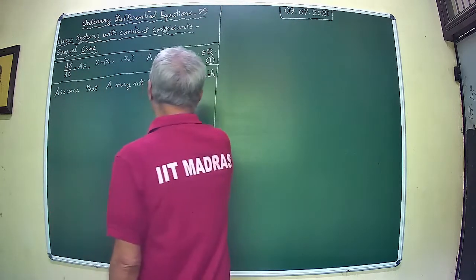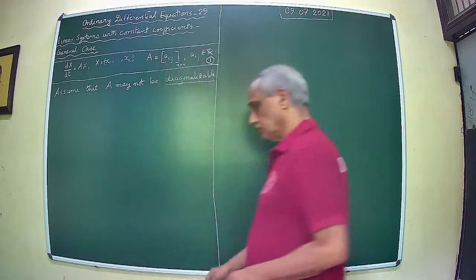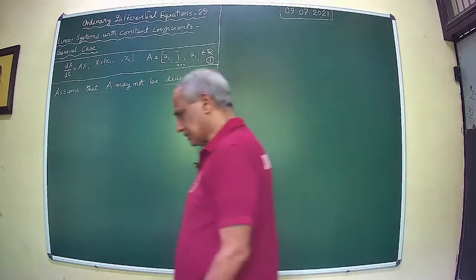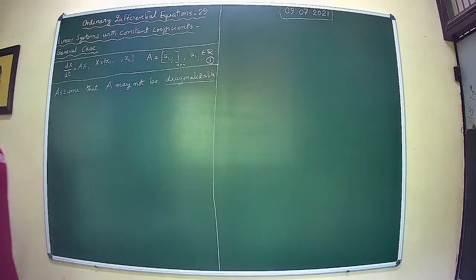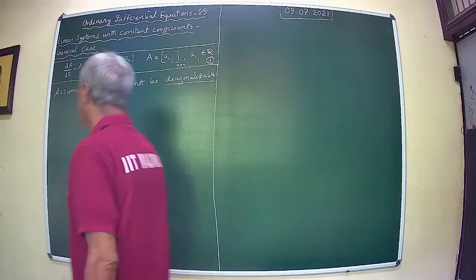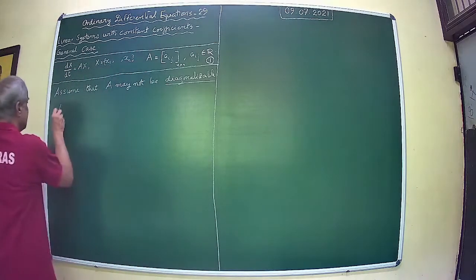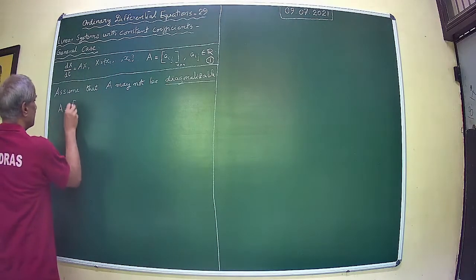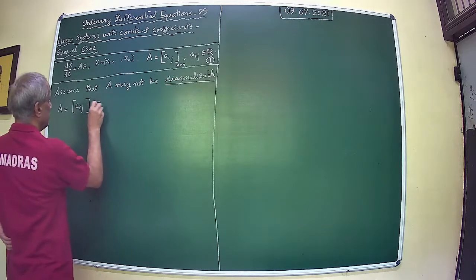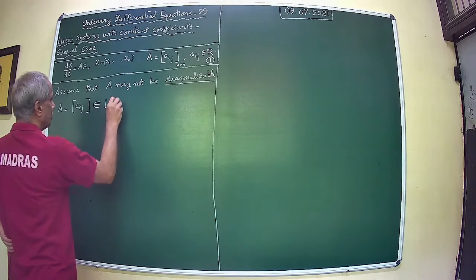We are not putting any restriction, and you see that. Let us analyze the scenario. So, A has entries Aij belonging to R.